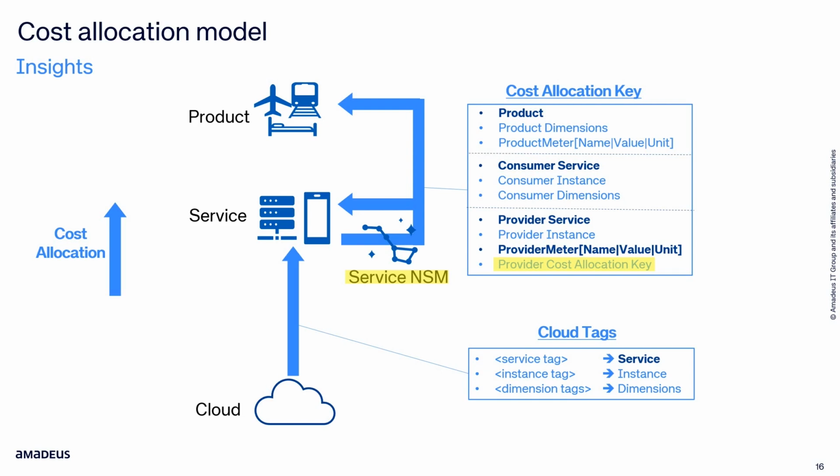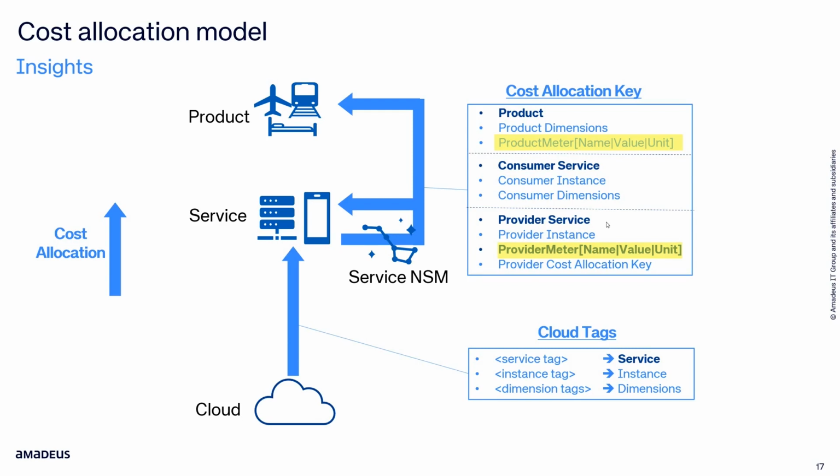A more complex case is, for example, a container service with an NSM to measure the compute capacity, which is composed of CPU and of memory. This NSM is multidimensional as it is a combination of a CPU metric and of a memory metric. In this case, the cost allocation key must be calculated from the different metrics in a fair way to split the cost.